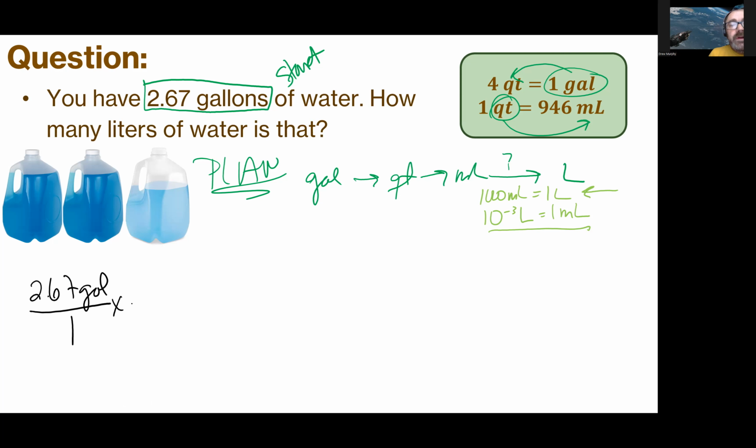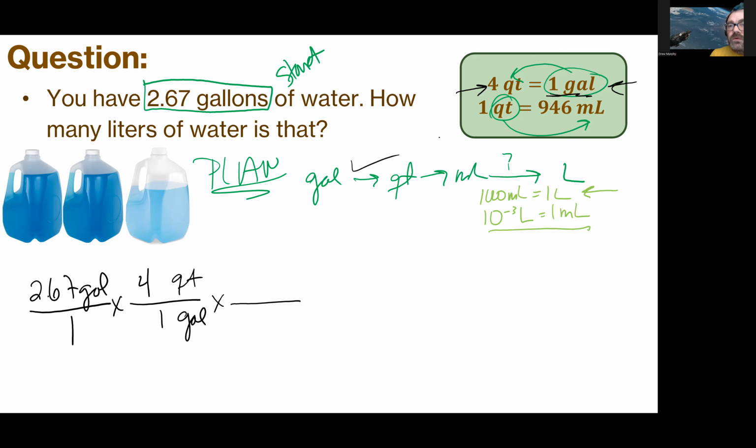We're going to multiply it by our quarts to gallons conversion factor. We want to set it up so the gallons cancel out, which means gallons has to go on the bottom, and quarts has to go on the top. There's 1 gallon for 4 quarts. Then we're going to multiply again.